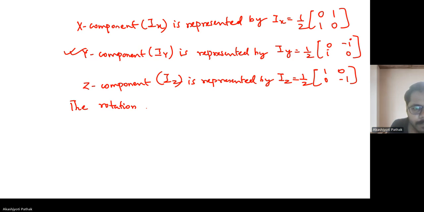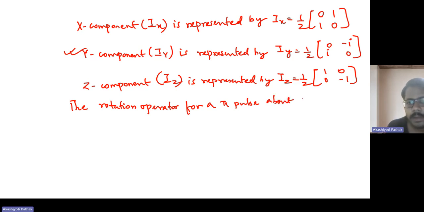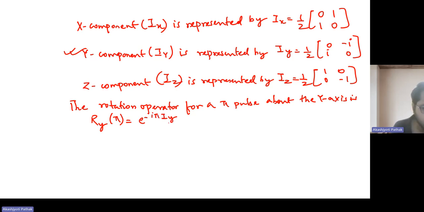The rotation operator for a pi pulse about the y-axis is written as R y of pi, which is equal to e to the power minus i pi Iy.